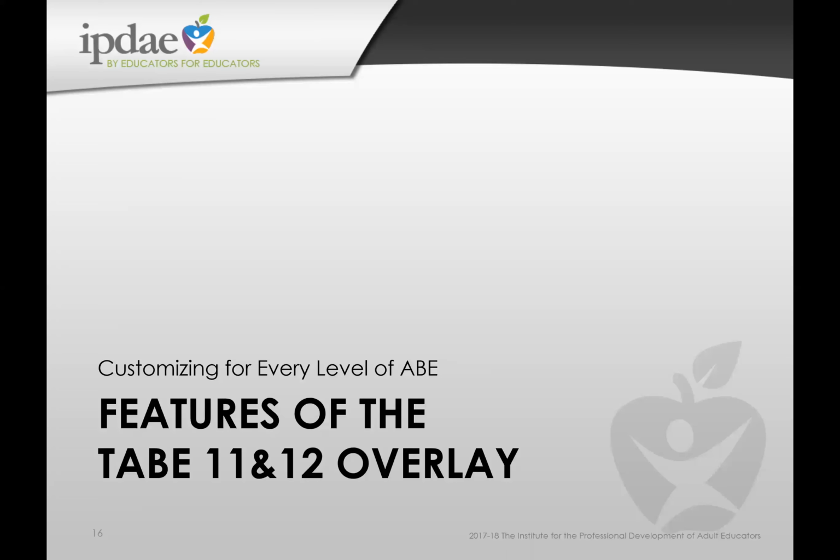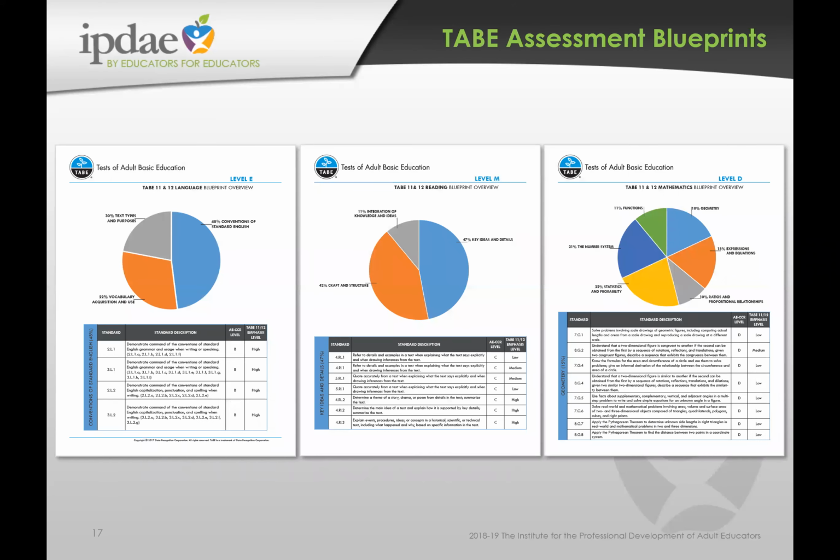First of all, you've got the blueprints, right? You've got different blueprints for every level. Some of the teachers that come to me ask, okay, there's just that one blueprint, right? No, there are multiple blueprints, and what you're seeing here is not all of it. There are 4 blueprints for math.